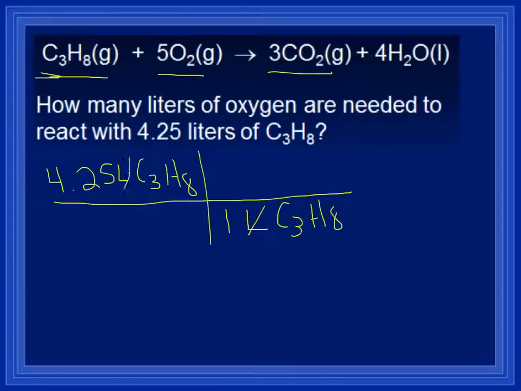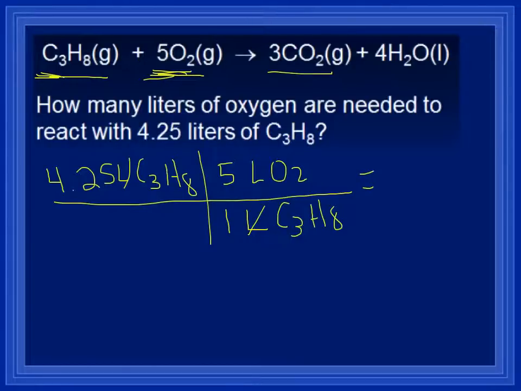And hence, the liters will cancel out. Then I'm going to oxygen. We normally would put 5 moles of oxygen on top, but we can put 5 liters of oxygen on top. So we get a proportion of what the moles were in regular stoichiometry. Here, gas stoichiometry is now liters, thanks to Avogadro's law.